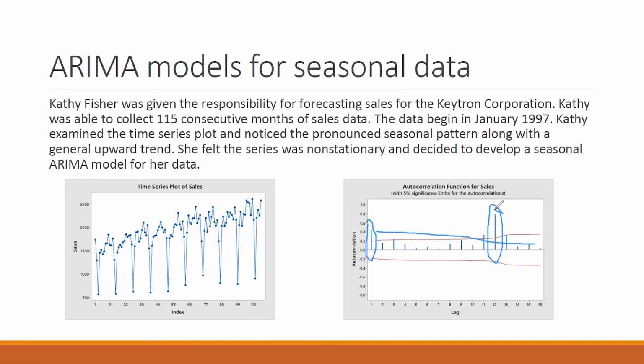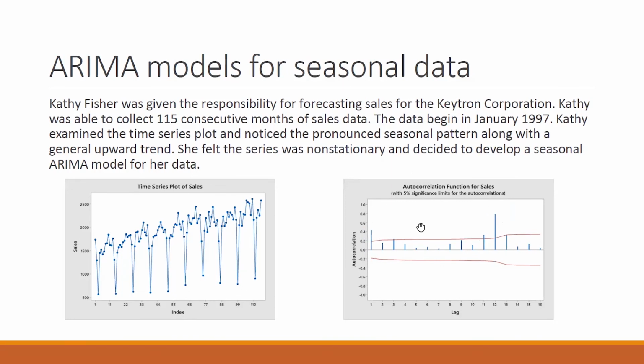Also notice that the 12th lag is very high. It is even higher than the first lag. Since this is monthly data, we know the 12th lag indicates seasonality. So it is confirmed her thought that the data is not stationary and we have trend and seasonality.